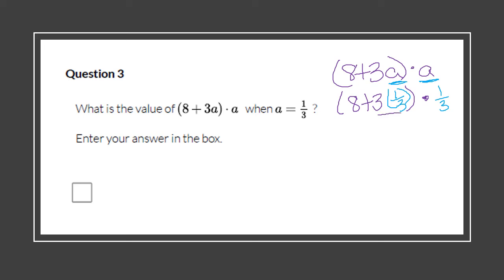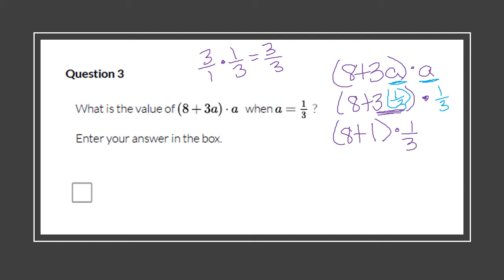I have to multiply first inside those parentheses. So 3 times 1/3. If I multiply across the top, I get 3. Multiply across the bottom, I get 3. And 3 over 3, simplified, is just 1.